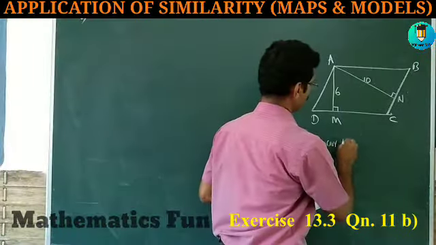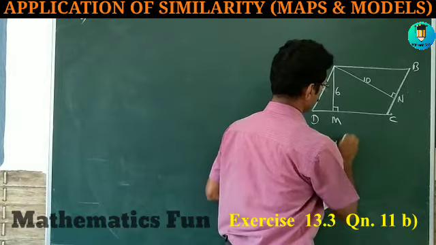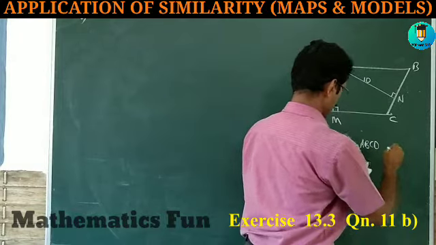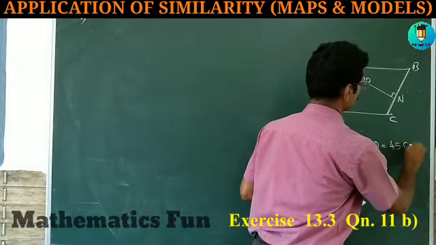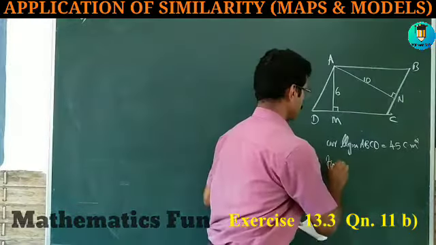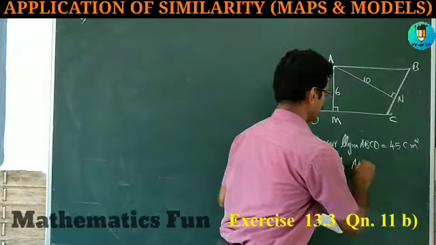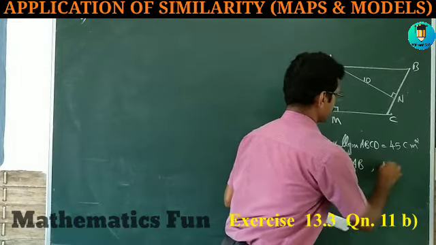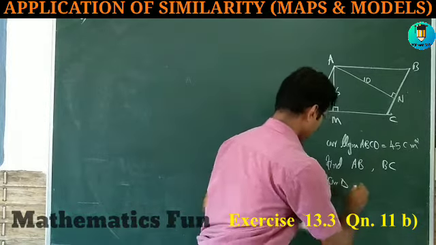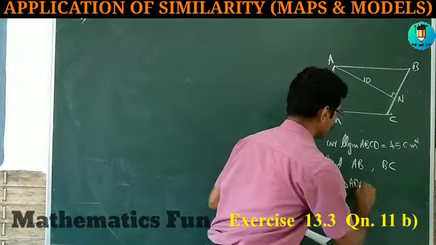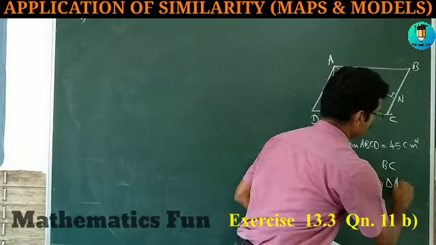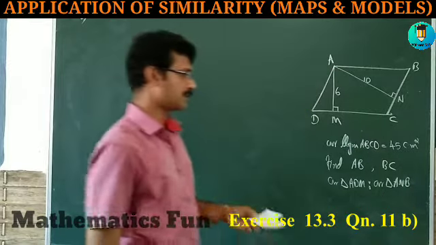ABCD. ABCD's area is given as 45 cm square. Then we have to find AB, that is the first part, second part BC, and third part, the ratio of area of triangle ADM to area of triangle ANB.